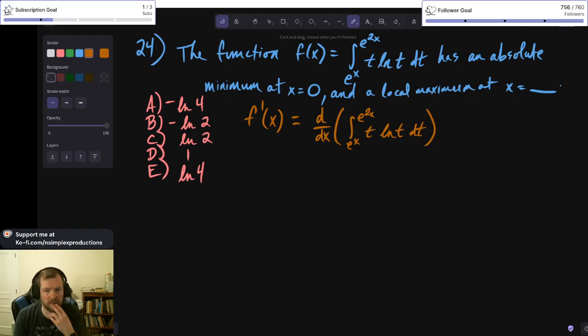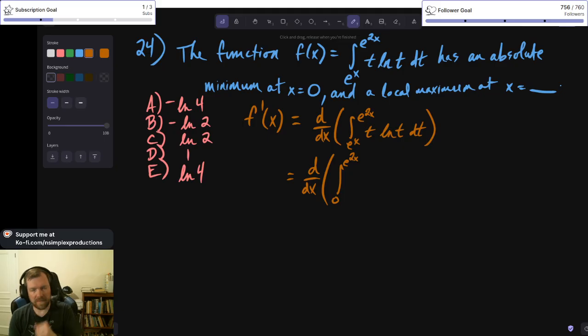Then we know from the Fundamental Theorem of Calculus, this is not going to go well for us with all of this stuff here. So instead, we have to break it up as two pieces. d/dx of the integral from 0 to e to the 2x of t natural log t dt, and then subtract the integral from 0 to e to the x of the same.